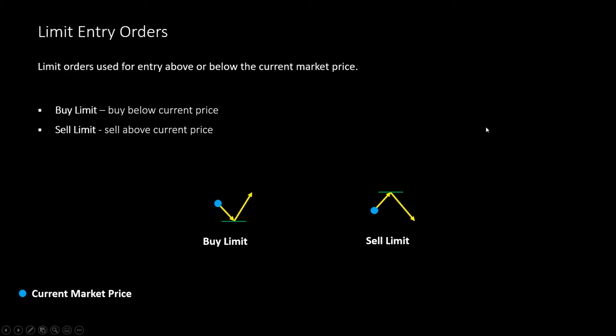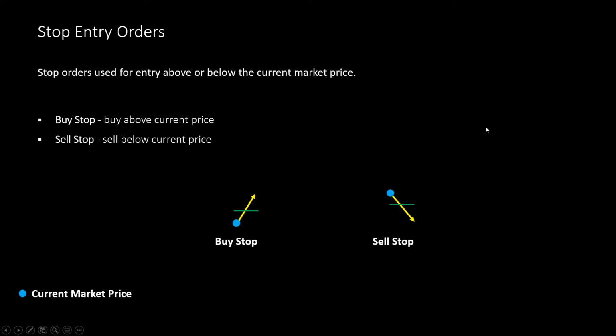The next one available for us is the stop entry orders, a buy stop and a sell stop. What are they good for? Mainly for breakouts out of a range: to buy above the current price, or to sell below the current price in case we are going for a sell.